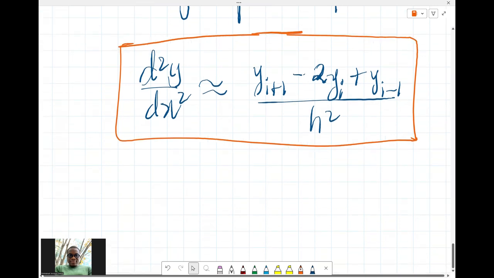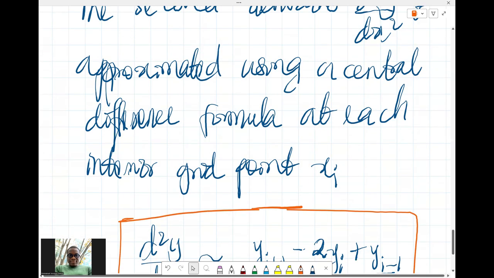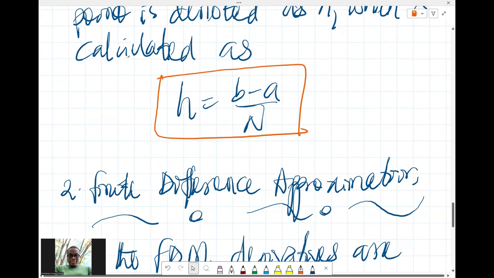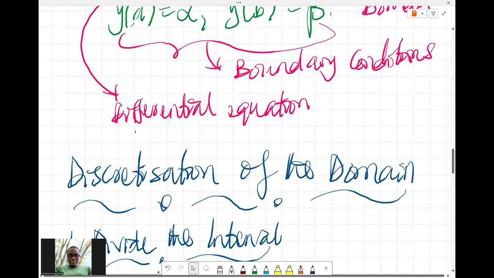This is the finite difference equivalent of the second derivative, which bears close resemblance with the central difference that we considered under numerical differentiation.